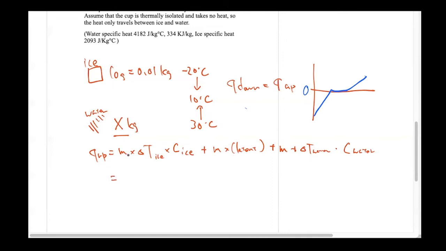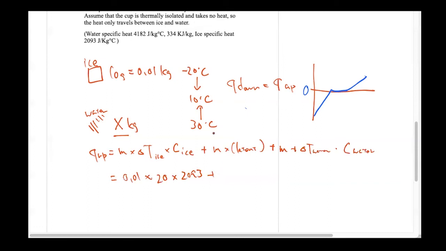You plug this M in. Now you plug this number value into this one, 0.01 kilogram. And in this first process, the delta T is going to be 20. And the specific heat of ice is 2093.